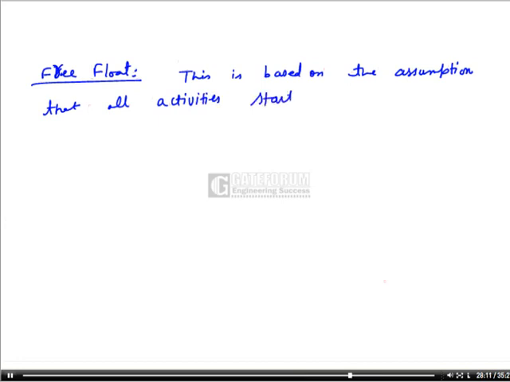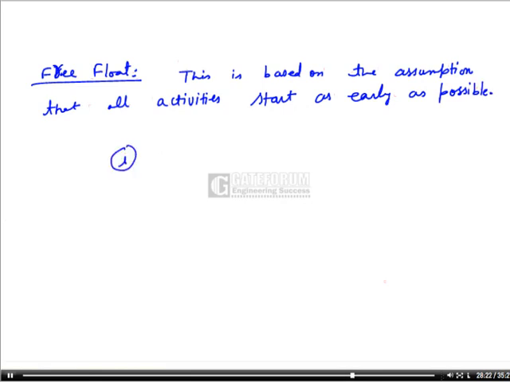Free float is based on the assumption that all activities start as early as possible, and it is the difference between the available time for an activity and the average duration.